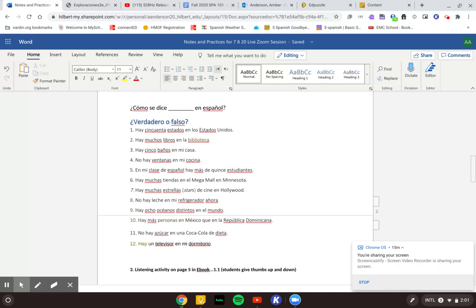This would be verdadero. Número 8. No hay leche en mi refrigerador ahora. ¿Cómo se dice leche en inglés? Leche es milk. Refrigerador, refrigerator. Ahora, now. And for me, I would say, es verdadero, no hay leche en mi refrigerador ahora.